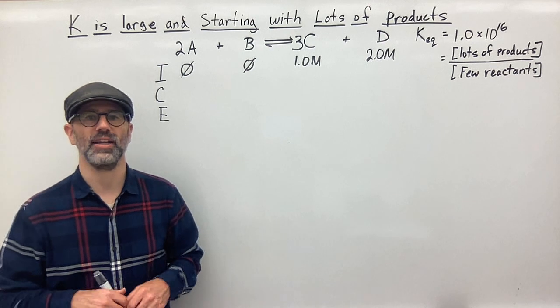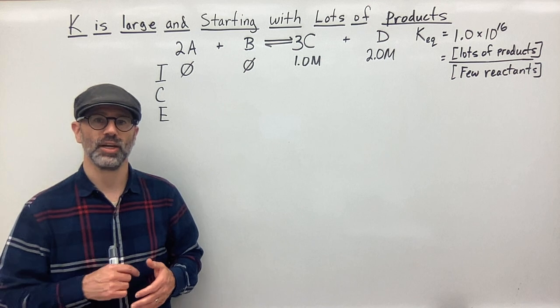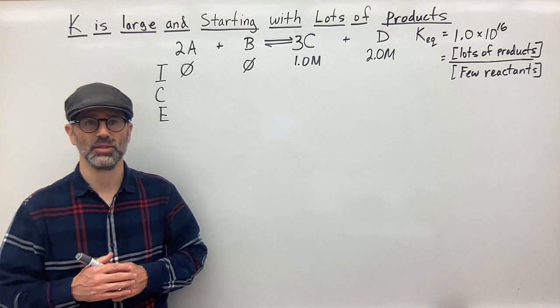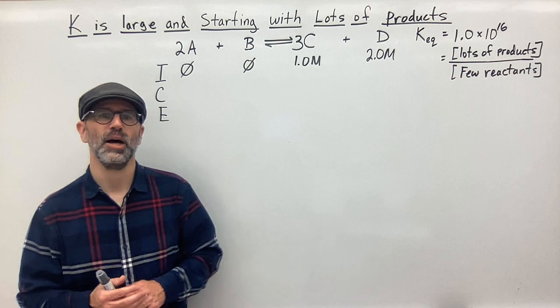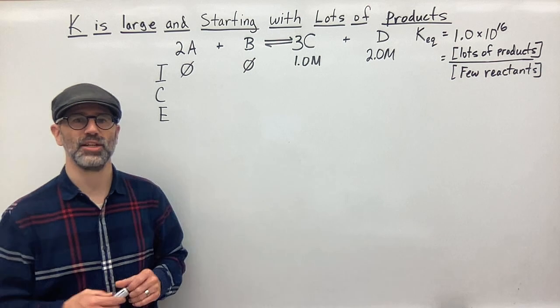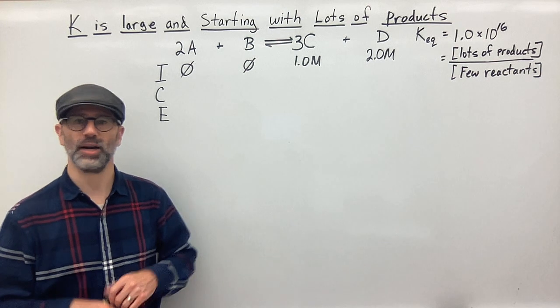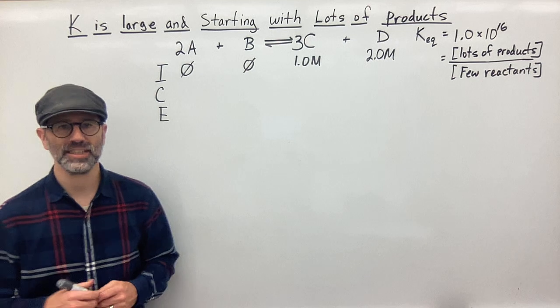You can ignore that in your ICE table and make the calculation simpler. Hopefully that was not too convoluted of an explanation, but hopefully my explanation of this example will help clarify what I was trying to say. So let's get into this.